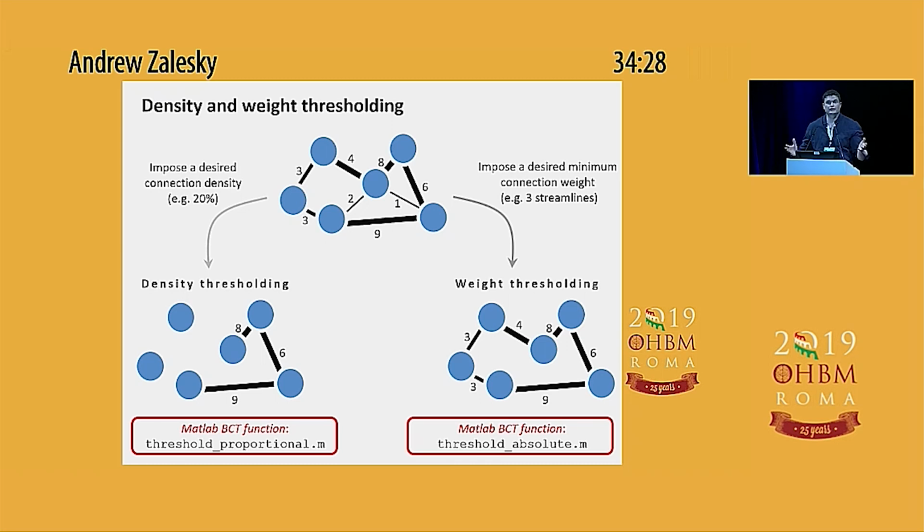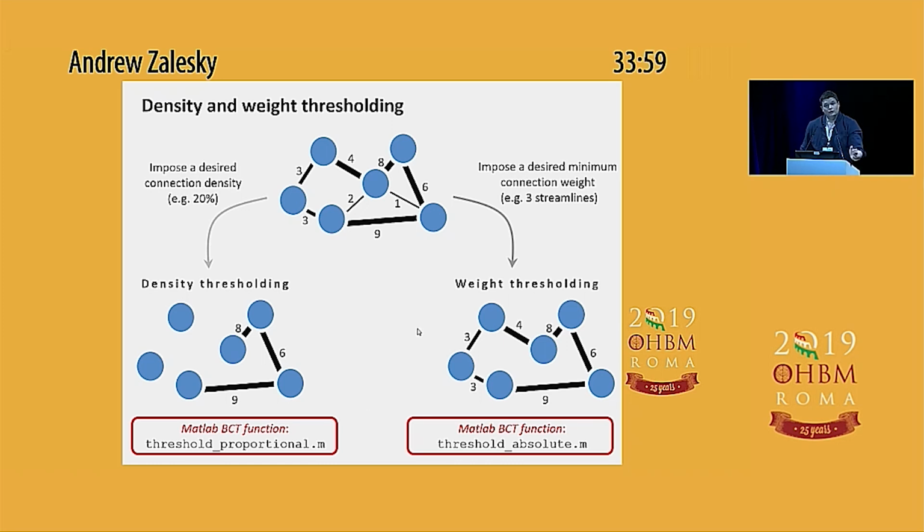This is where we set a prescribed density, in this case, for example, 20%, and we rank our edges from weakest to strongest, and then we successively remove the weakest edges until we arrive at our prescribed connection density. In this case, we are left with 3 connections, so the graph is actually fragmented. Perhaps that density threshold is too low.